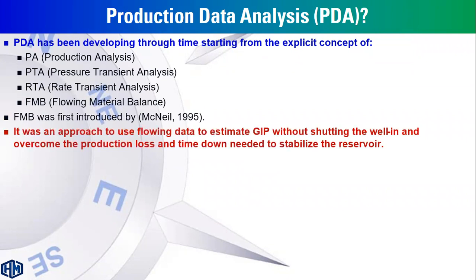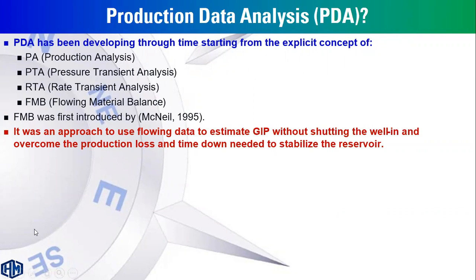It's an approach that uses flowing data like flowing pressure and flow rates to predict the hydrocarbon initially in place instead of the static or conventional material balance, because in the static material balance we have to shut in the well to have an accurate estimation of the average reservoir pressure.